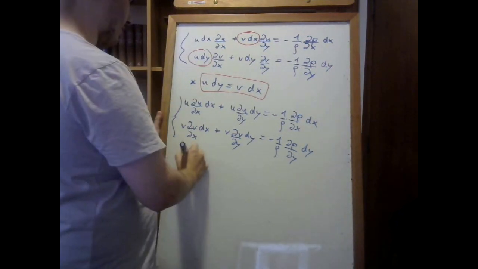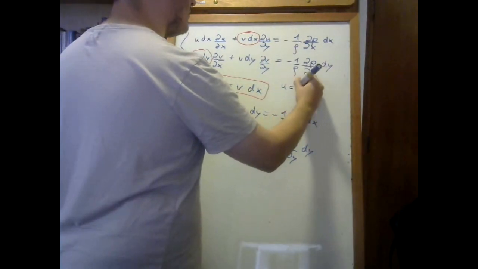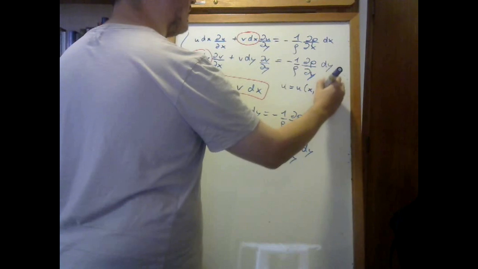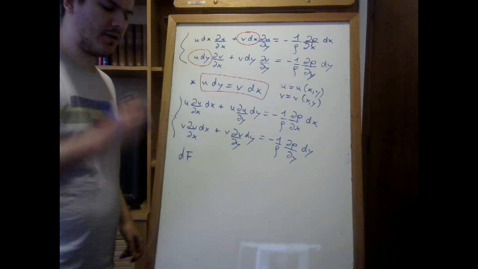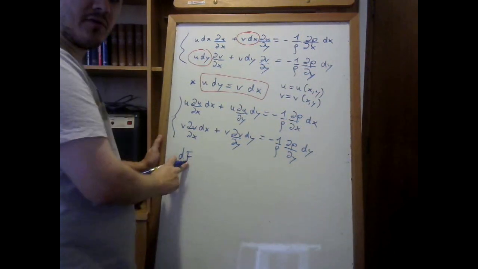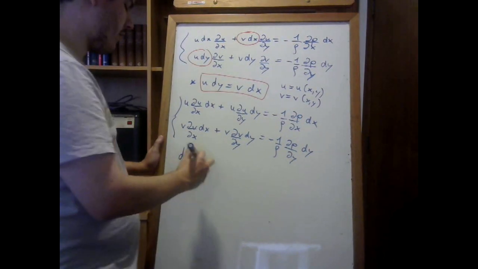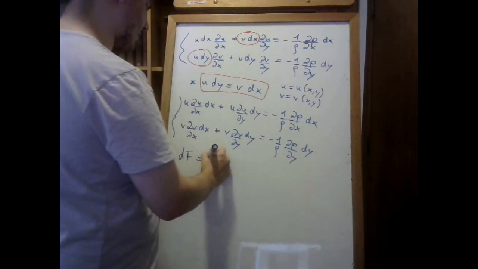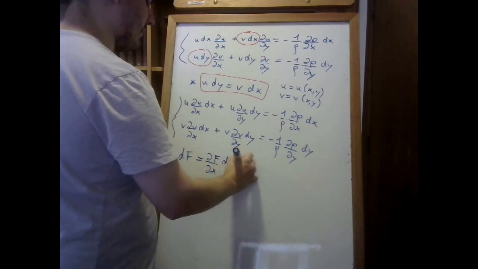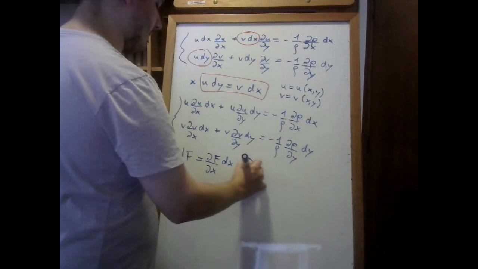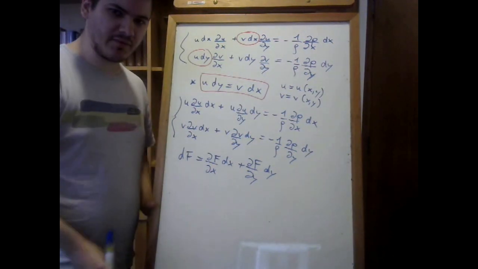Also remember that for a two-variable function, u is a function of x and y, and v is also a function of x and y, okay? So consider f a generic function, which is a function of x and y. We have that this differential here is the two partial derivatives here.